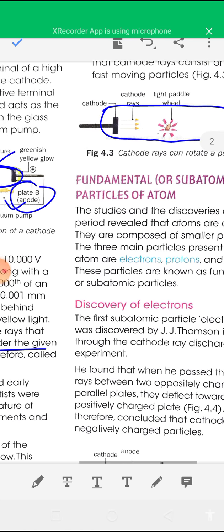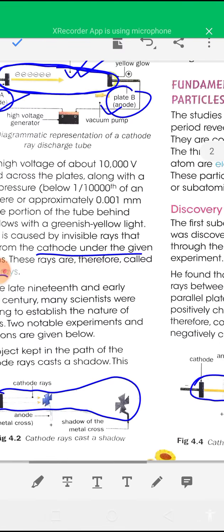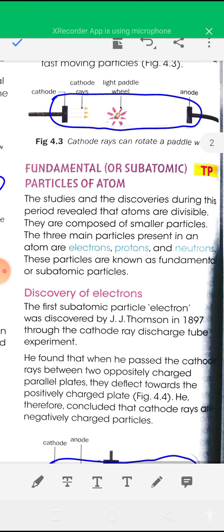This is a simple experiment. Using this cathode ray experiment, later scientist George Thompson discovered the electron.